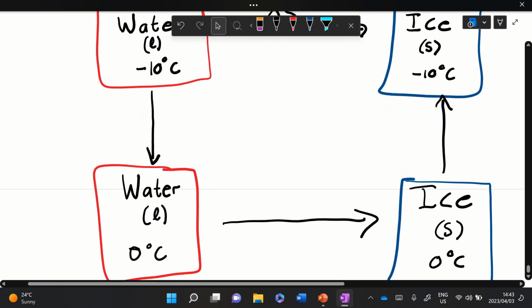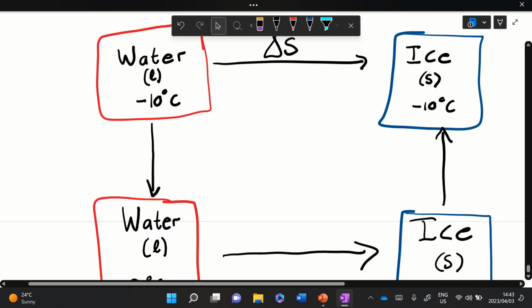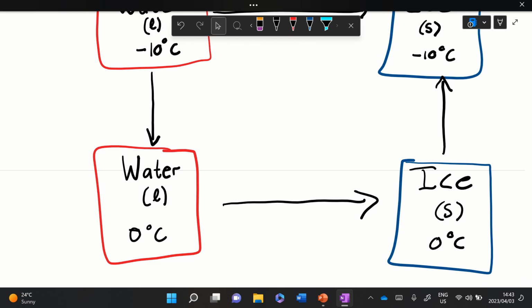Do you agree? That's exactly the same as taking the supercooled water directly from minus 10 degrees Celsius to ice at minus 10 degrees Celsius. We could heat the water to 0 degrees Celsius, freeze it at 0 degrees Celsius, and cool the ice back down to minus 10 degrees Celsius.